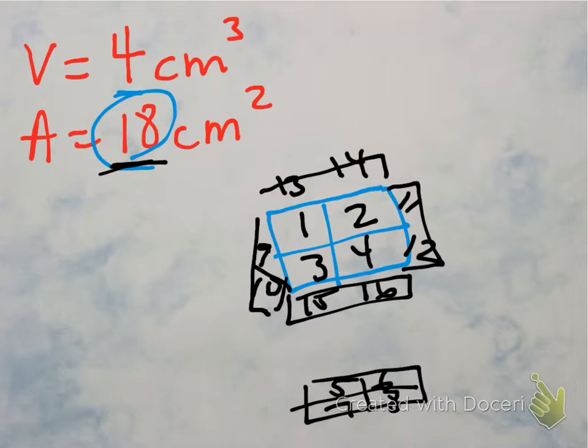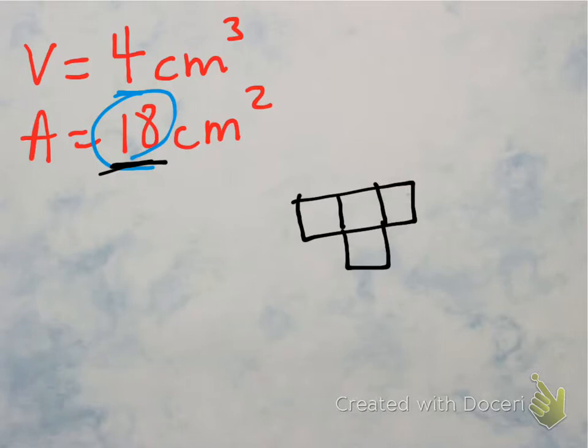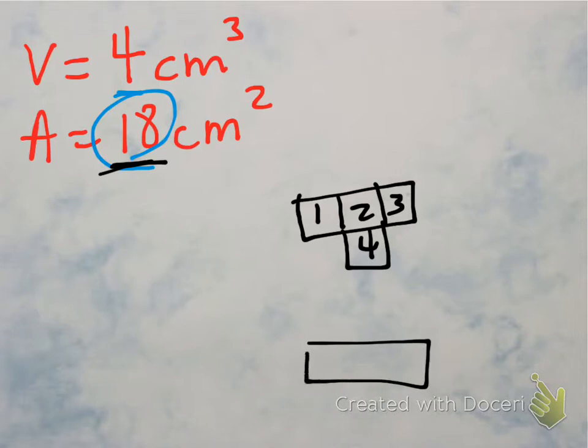What if we rearrange them the way the book has it? It has 3 lined up this way, and another cube this way. Pretend this is the top view. That would be 1, 2, 3, 4. The bottom view would be 5, 6, 7, 8.